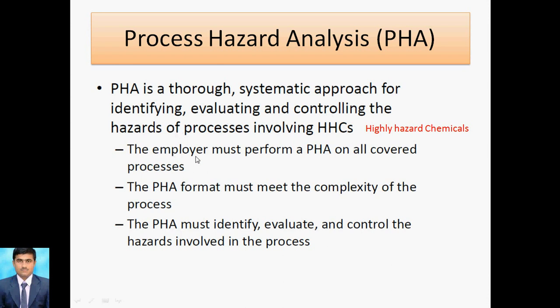Therefore the employer must perform a PHA on all covered processes. PHA means process hazard analysis, and here we have to reduce the complexity of the process, and we can identify, evaluate and control any kind of process. So this is done by the PHA, that is called process hazard analysis.